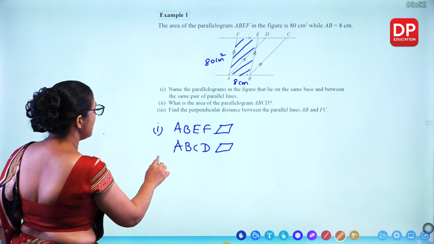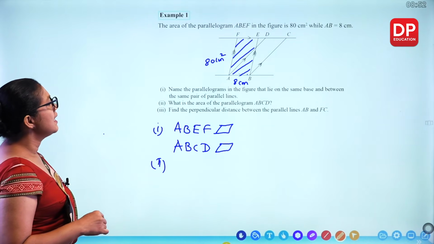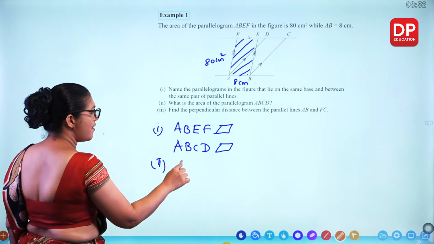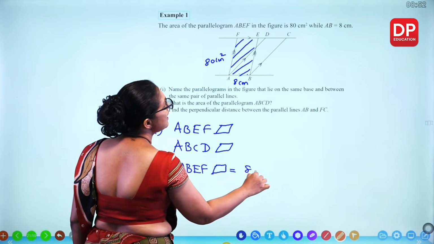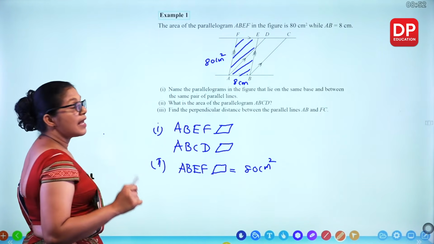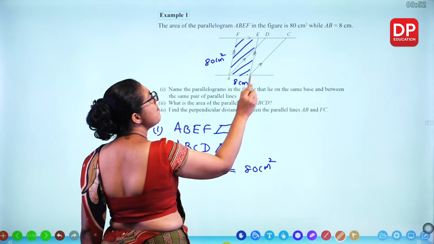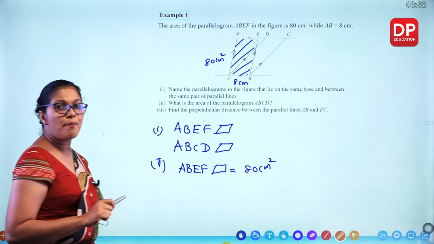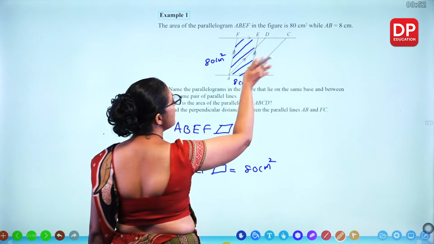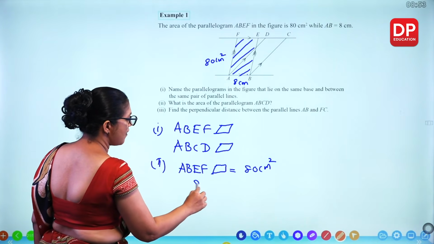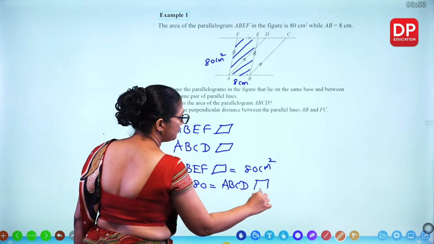And the next one, what is the area of the parallelogram ABCD? We know that the area of ABEF is 80 square centimeters. And according to the theorem, if two parallelograms are on the same base and in between the same pair of parallel lines, the areas are equal. So that means this area and this area both are equal. So we can write 80 is same as ABCD parallelogram.